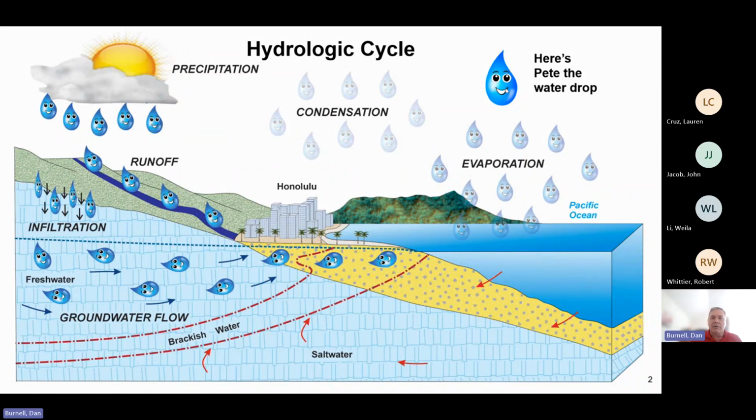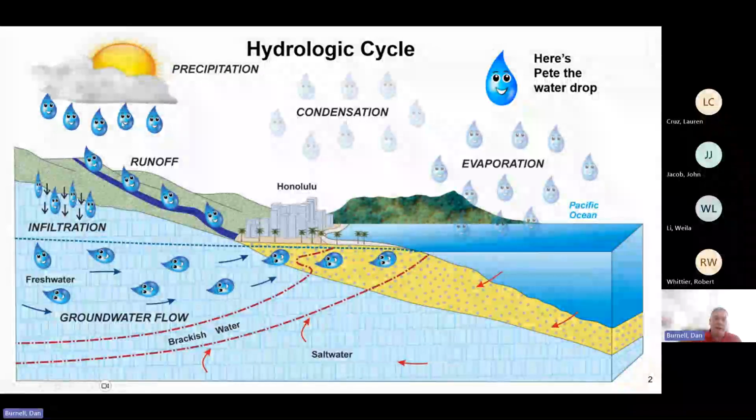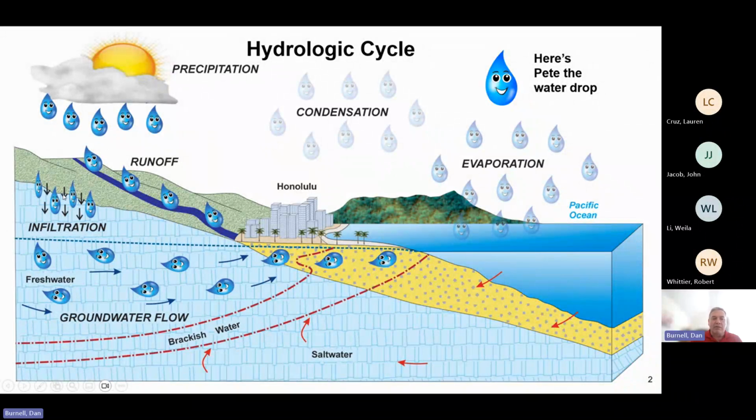We talked about our friend Pete the water drop, and Pete is composed of a very large number of H2O water molecules, and we talked about how Pete may come down from rainfall. Pete may then go into the ground through cracks and crevices and migrate down to the water table. Remember, the water table is that zone where all the cracks and crevices are filled with water.